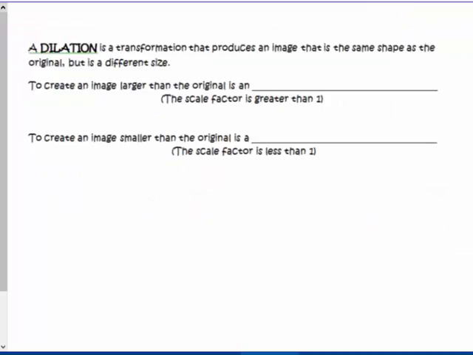A dilation is a transformation that produces an image that is the same shape as the original, but it has a different size. So it's either an enlargement, to create an image larger than the original, or a reduction, to create an image that's smaller than the original.